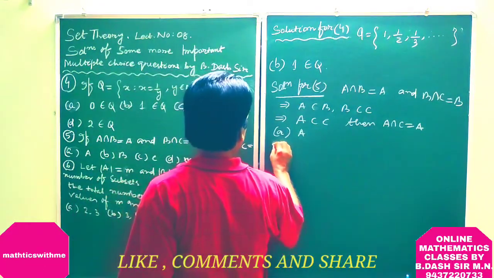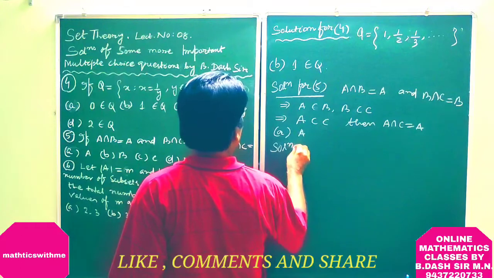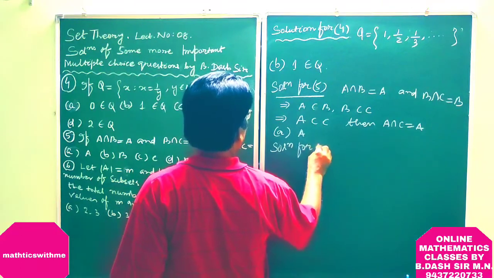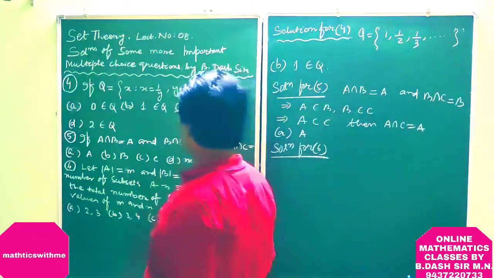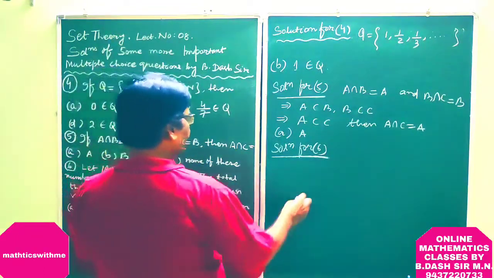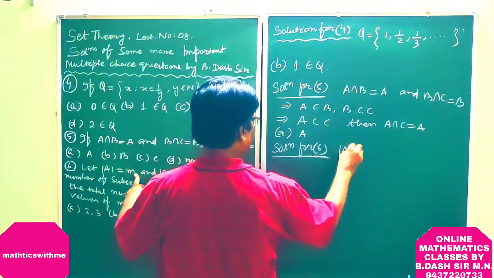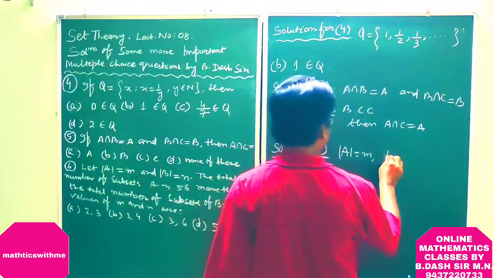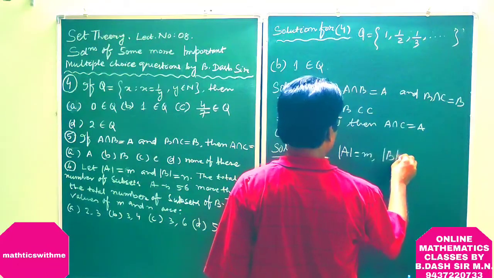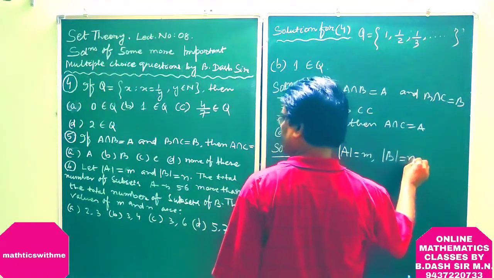Now the solution for question number 6. Here the cardinality of A is equal to m and the cardinality of B is equal to n.